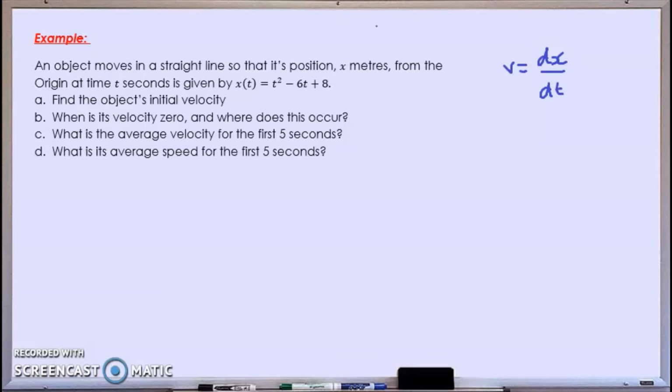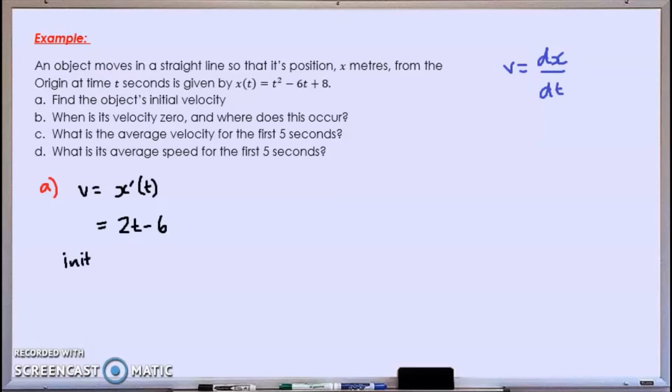First of all, we're asked to find the initial velocity. So for part A, we need to take the derivative first of all. So if velocity equals the derivative of x with respect to time, then the derivative of this is going to be 2t minus 6. And when the question asks you for the initial velocity, then the initial velocity is when t equals 0.